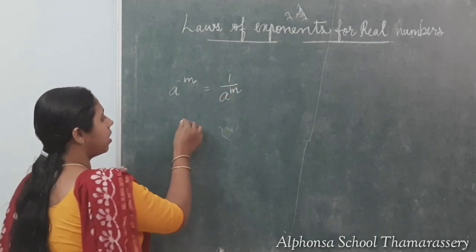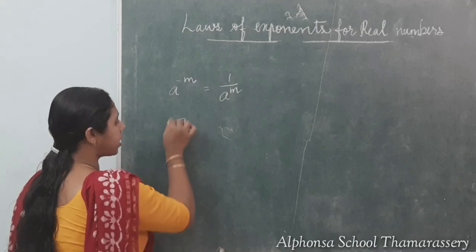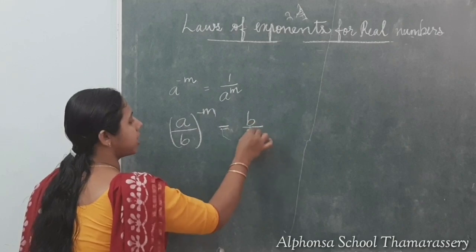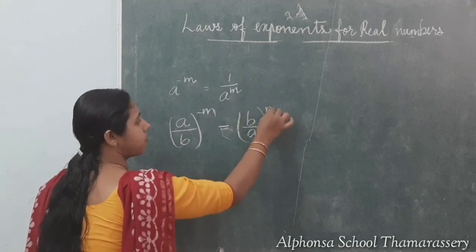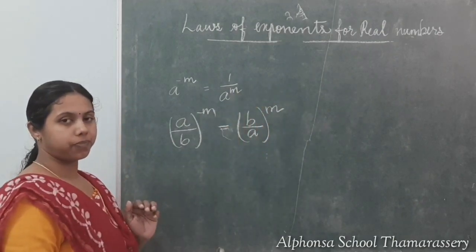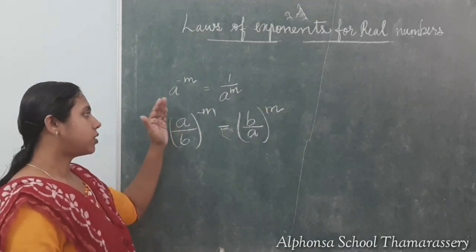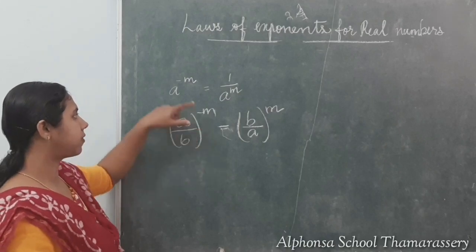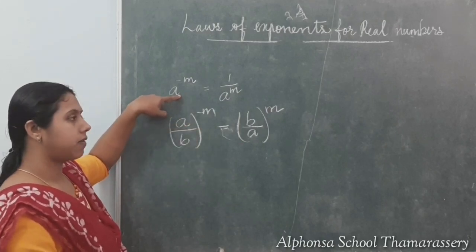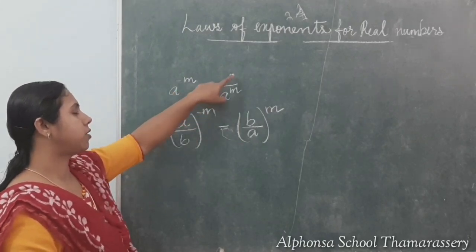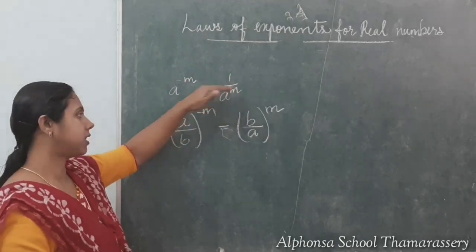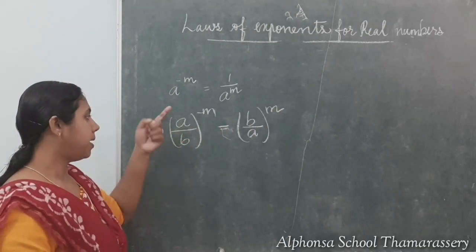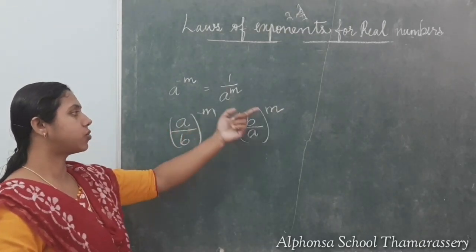And also we know a by b whole raised to minus m is equal to b by a whole raised to m. So these two laws we studied last year. From a raised to minus m is equal to 1 by a raised to m, we are deriving a by b whole raised to minus m is equal to b by a whole raised to m.